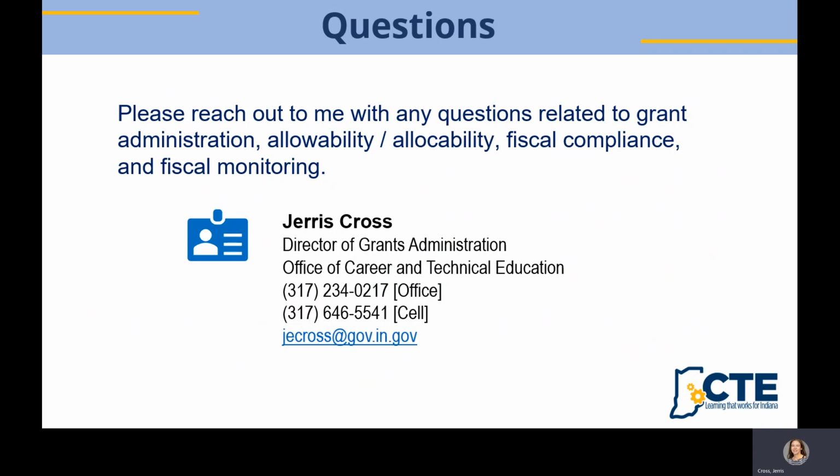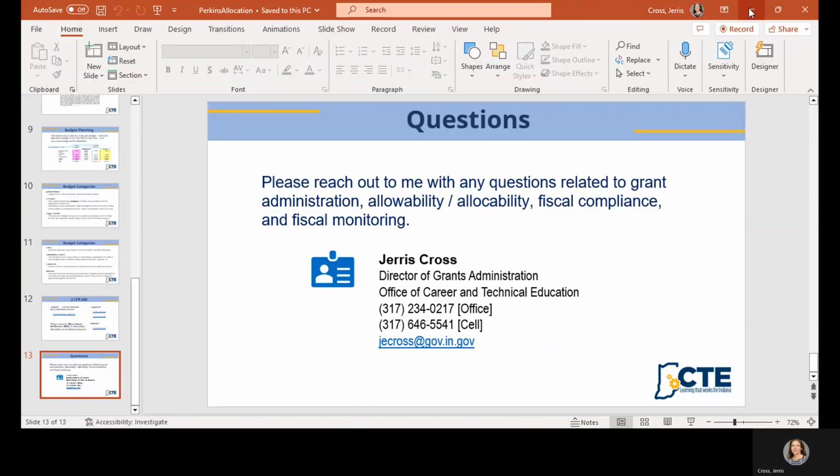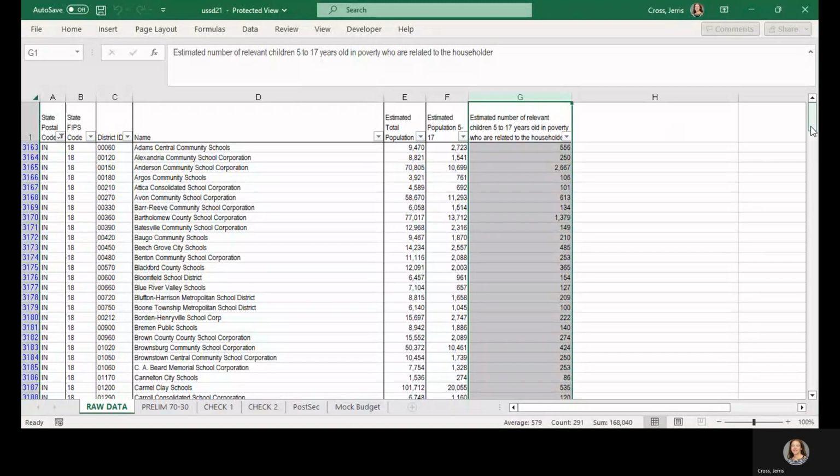I'm going to transition away from the PowerPoint into the data set now. So the information on your screen at this point, I want to preface this part of the presentation.